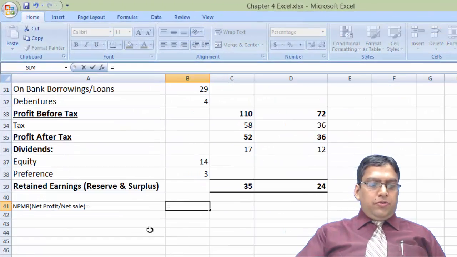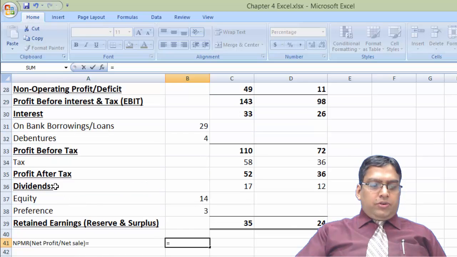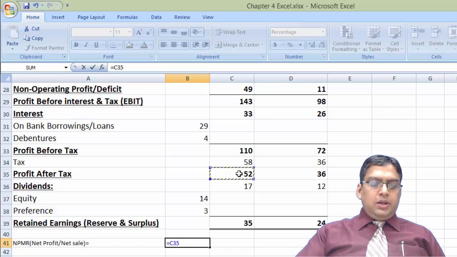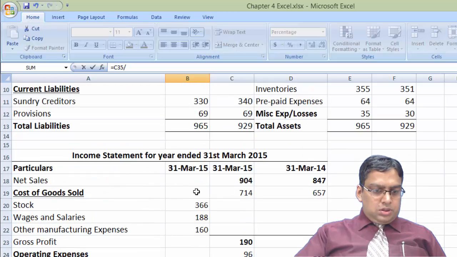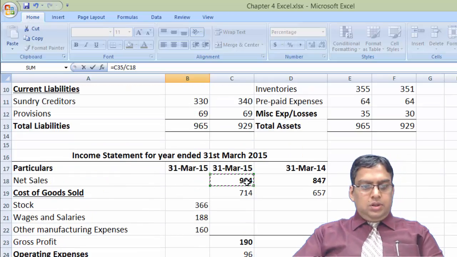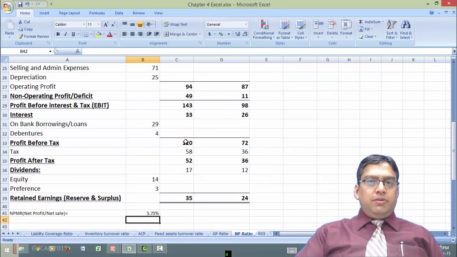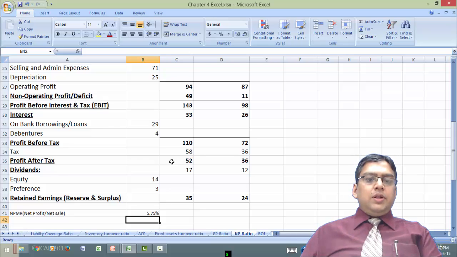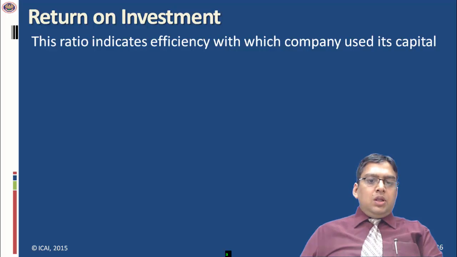Equal to net profit after tax, that is C35, divided by net sales, that is C18. That is the output 5.75%. Net profit margin ratio equals 5.75%. Next is return on investment.